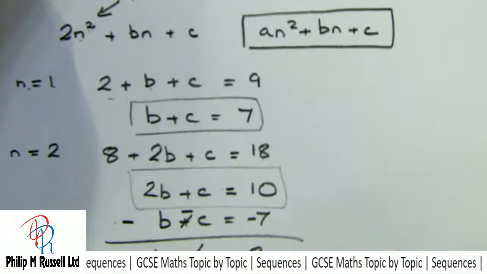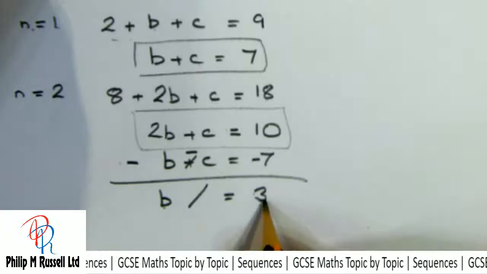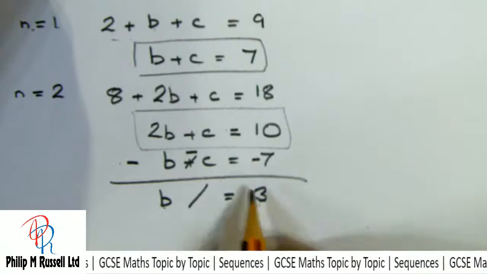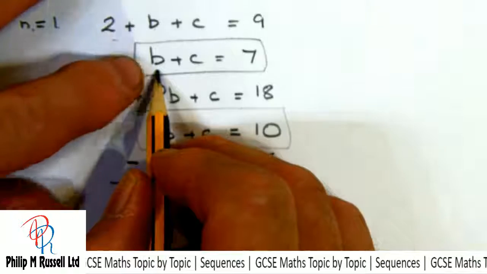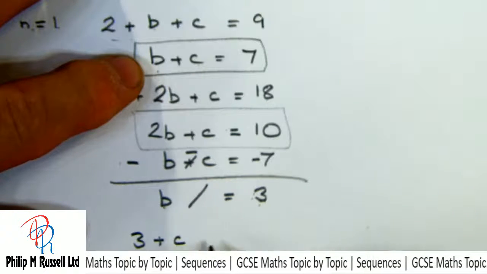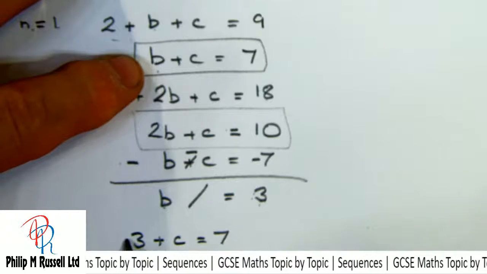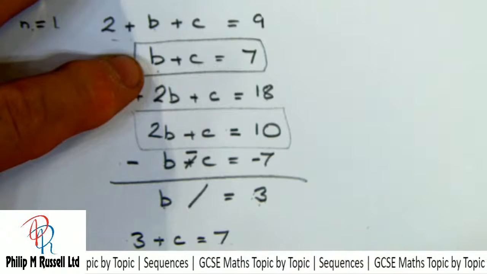So I now know that b equals 3. Let's substitute into one of these. I know that's the easiest one to do. So I can go 3 plus c equals 7. Take the 3 away from both sides. c equals 4.